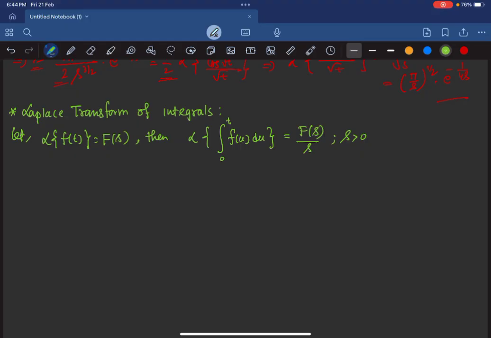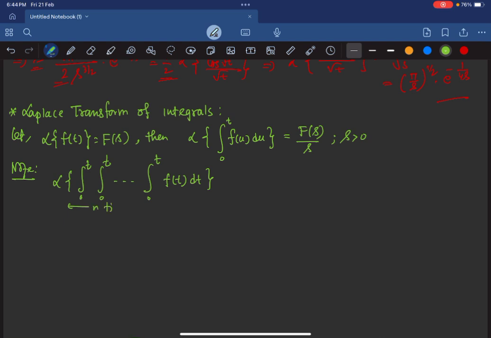Now see, this formula has its own extended version. You can note down here: Laplace of the integral, suppose 0 to t, likewise n times, of f(t) dt.